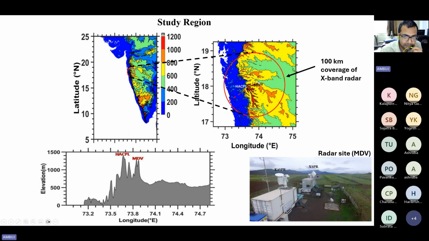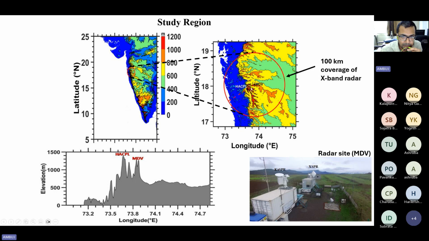Two observational sites are shown here, MDV and HACPL. MDV, that is Mandardev, is the radar site where the X-band radar is installed, and HACPL is the High Altitude Cloud Physics Laboratory, which has an excellent facility of instruments for cloud, aerosol and precipitation observations, and which complement radar observations.